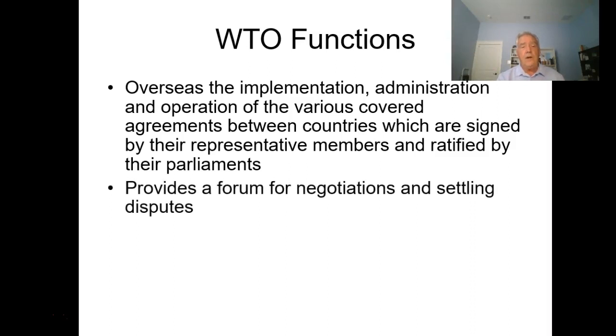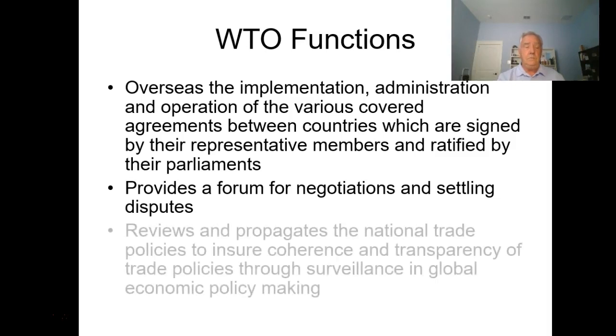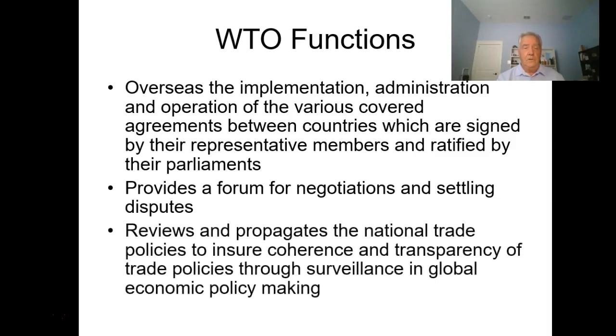So it provides a forum for negotiations and settling disputes. You don't have to go to war to solve a trade dispute like we used to prior to colonial times. We now have a forum to negotiate with people and to settle disputes. So the World Trade Organization therefore reviews and propagates international trade through national trade policies.